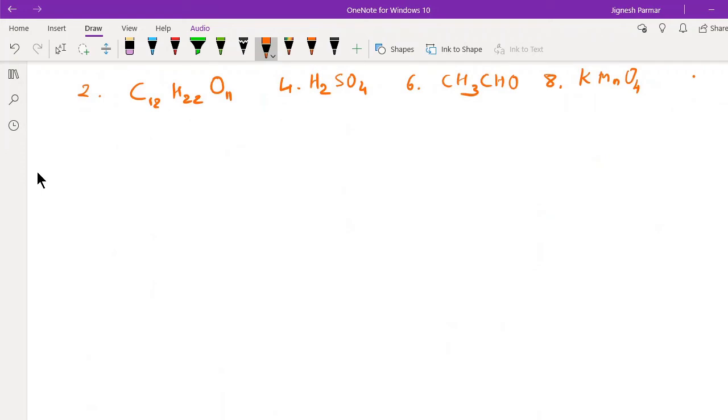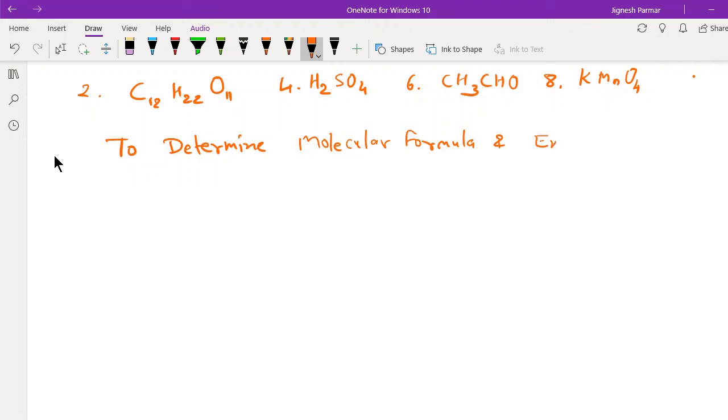Now if the percentage of the elements is given to you and you have to find the molecular formula and empirical formula, we will study a very nice, very easy concept to determine the molecular formula and empirical formula.